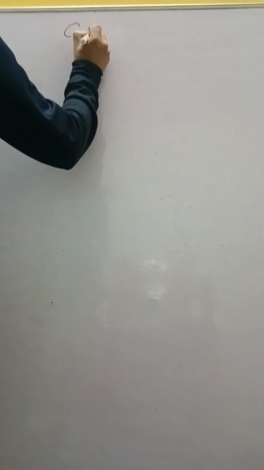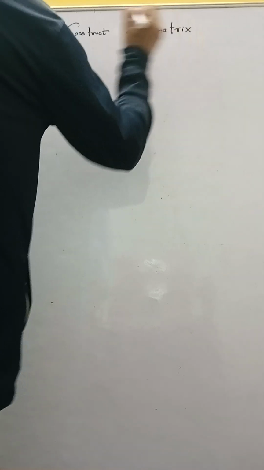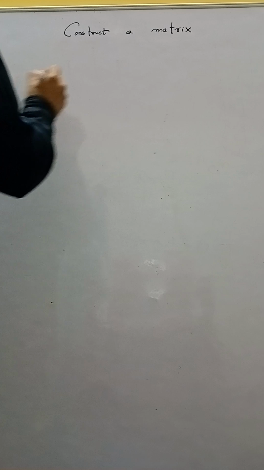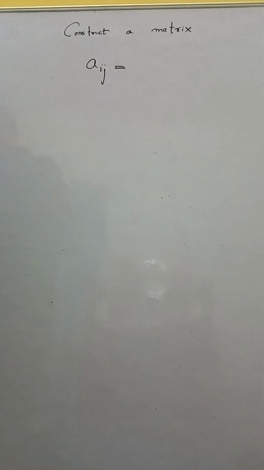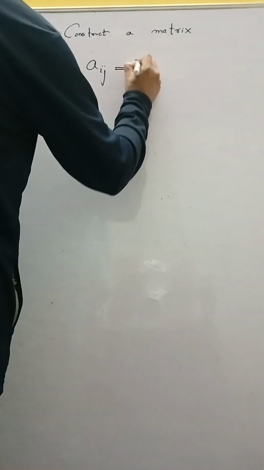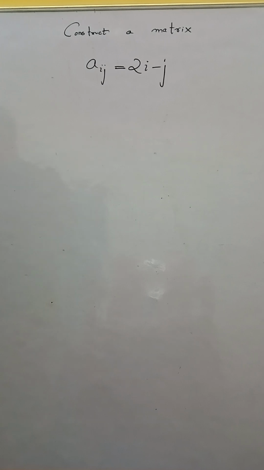Construct a matrix in which Aij is given by 2i minus j. Now what are this A, i, j?